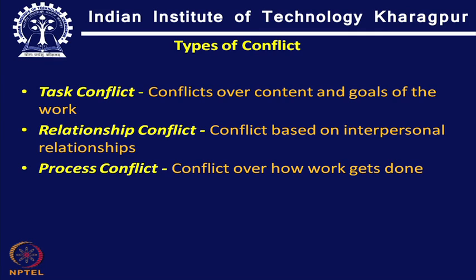But when you're talking of a dysfunctional conflict, it is more relationship oriented, and it is based on interpersonal relationships. This may sometimes make a functional conflict into a dysfunctional conflict, because due to personal likes or dislikes between the persons involved in conflict, what starts is a situation of blaming each other for a particular situation, and the main issue of the conflict goes out of hand.